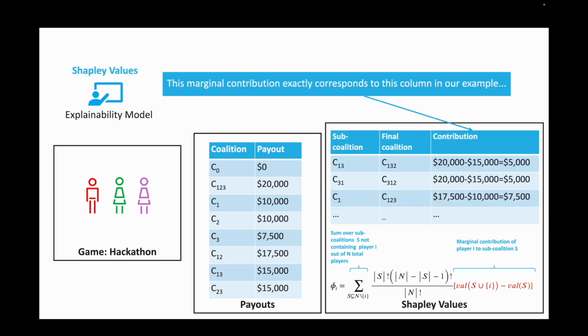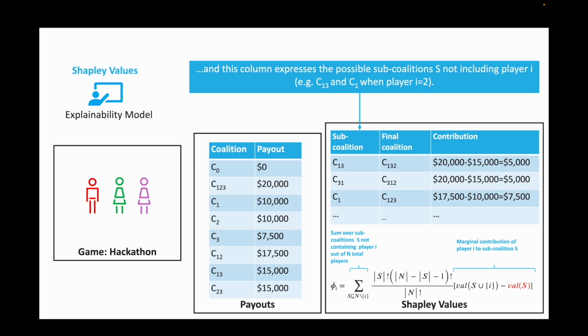This marginal contribution exactly corresponds to this column in our example, and this column expresses the possible subcoalitions S not including player i. For example, C sub 1, 3 and C sub 1 when player i is 2.